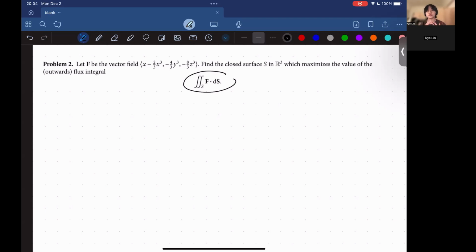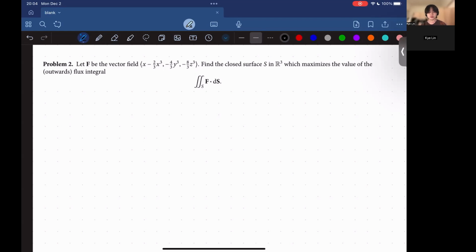It's not super straightforward, but the best advice I can give for these kinds of problems where you're not sure how to start is to look at all the formulas that you've learned so far in this chapter about vector calculus and see which ones you can apply to the surface integral.